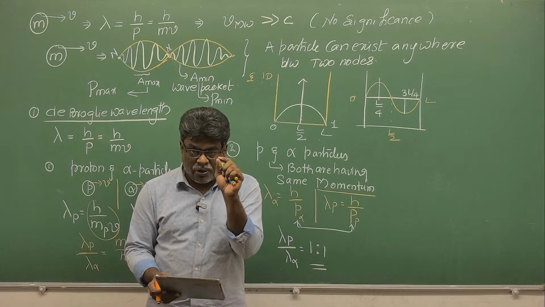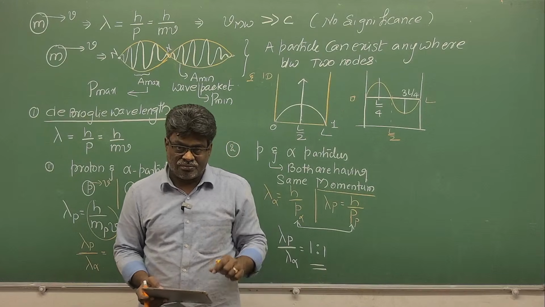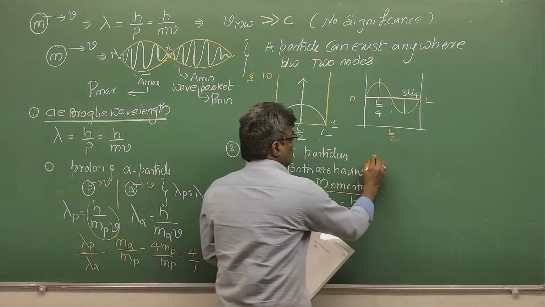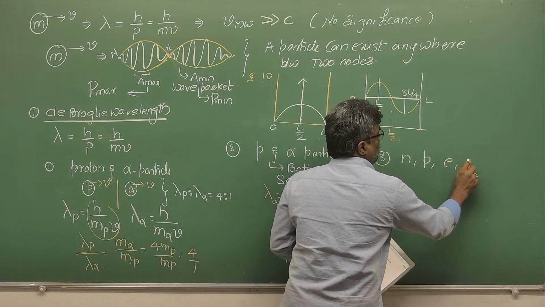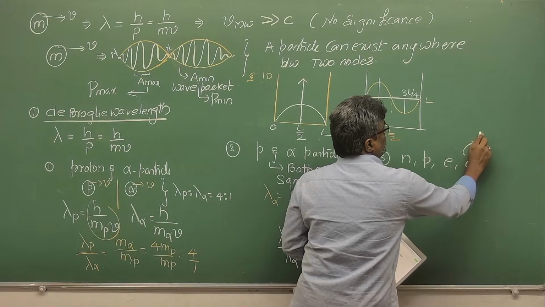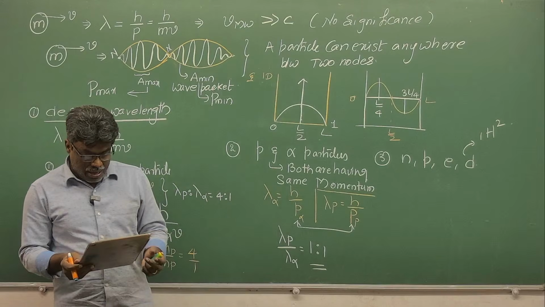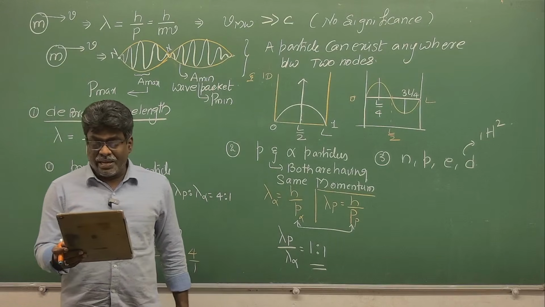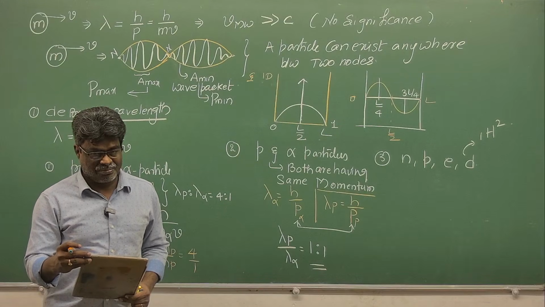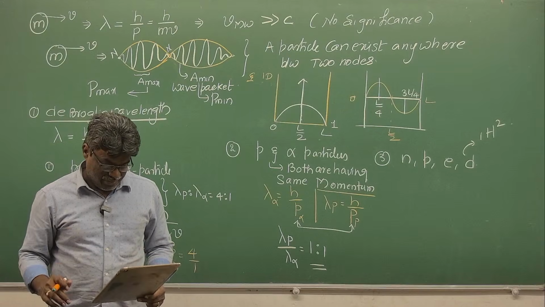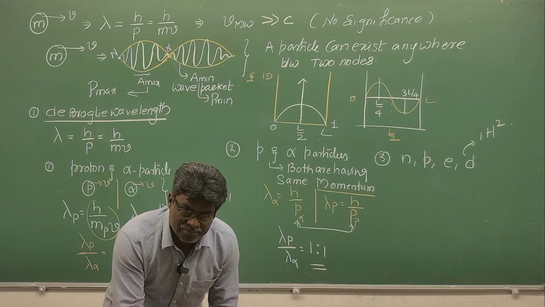Deuteron means 1H2. Which of the following particles has the lowest energy if all are having the same de Broglie wavelength?